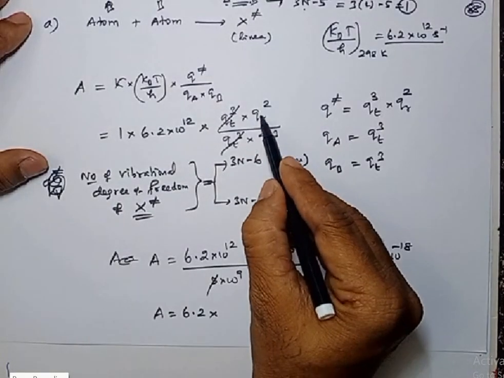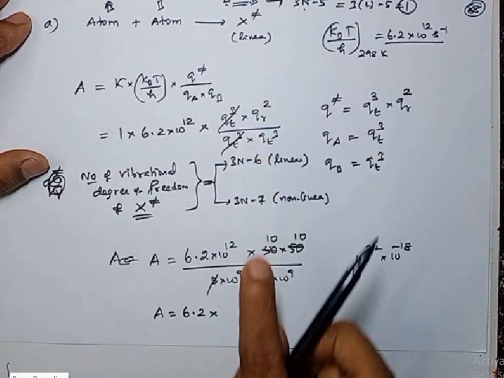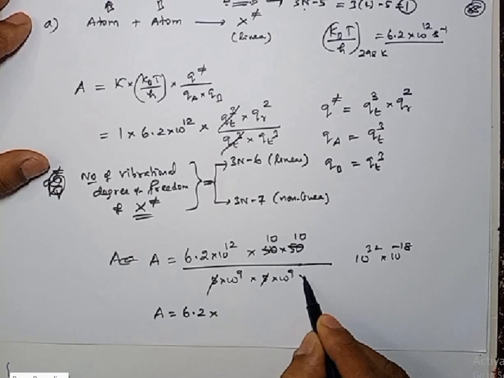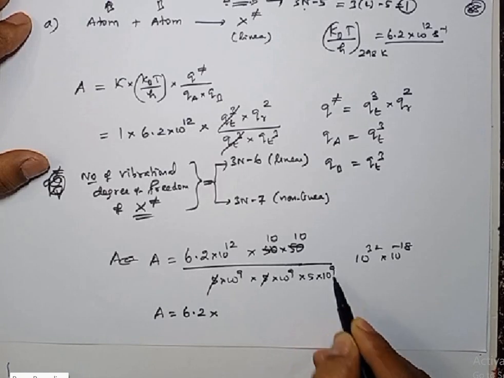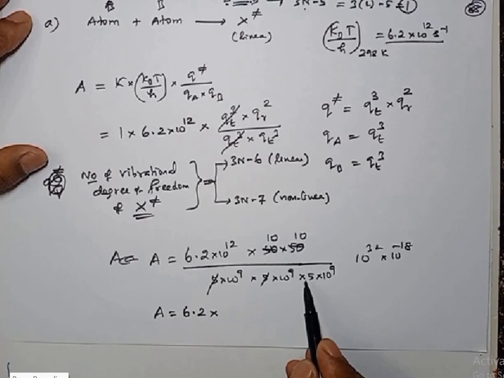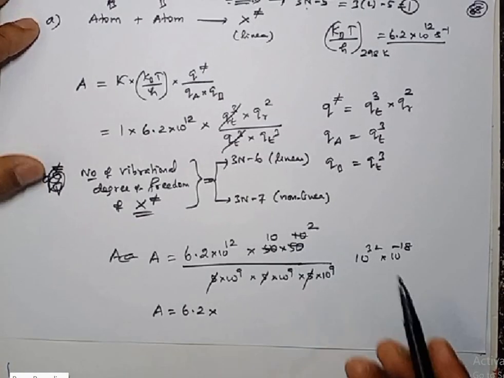Listen. I have QR square here, so I'll put 50 into 50. But in the denominator, I have QT cube, no. 5 into 10 power 9, 5 into 10 power 9, and one more 5 into 10 power 9, I forgot this. I'm sorry. Okay, so if I divide this, 5 into 5 is 25, 2 fives are 10. Now what will be the answer?